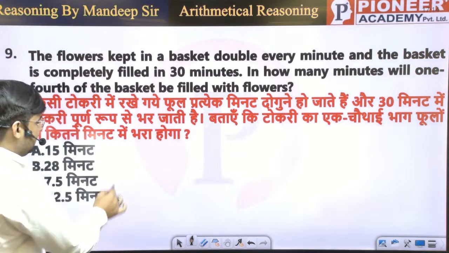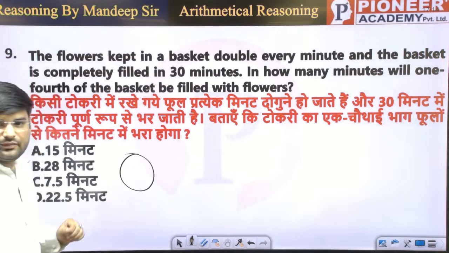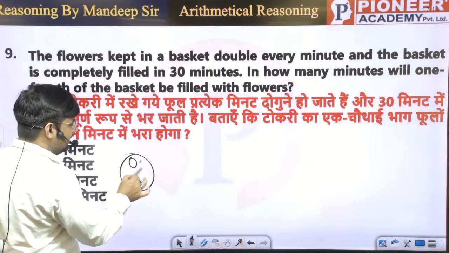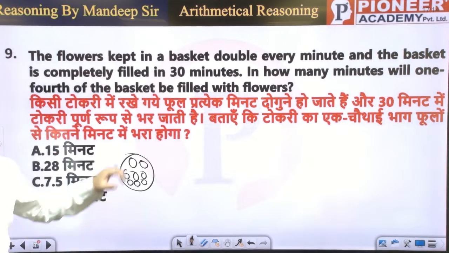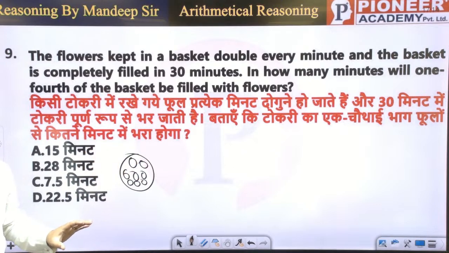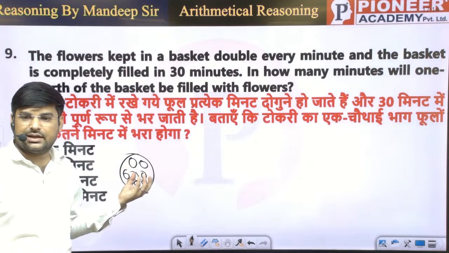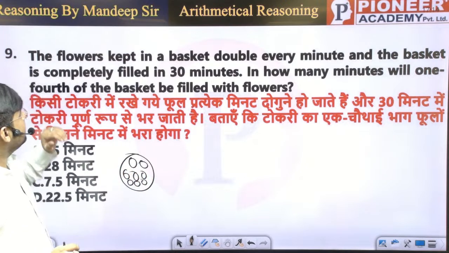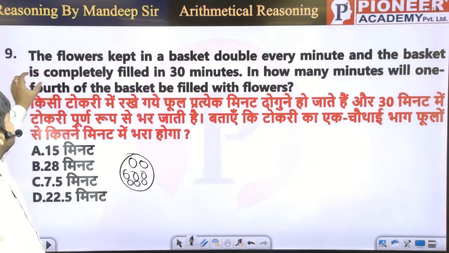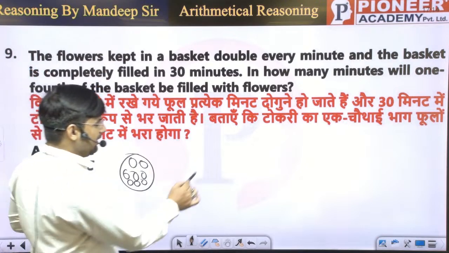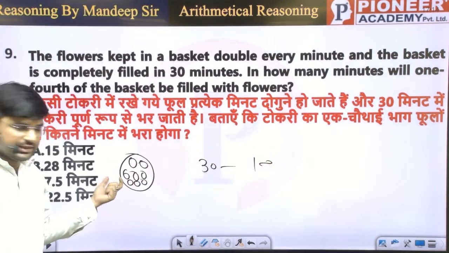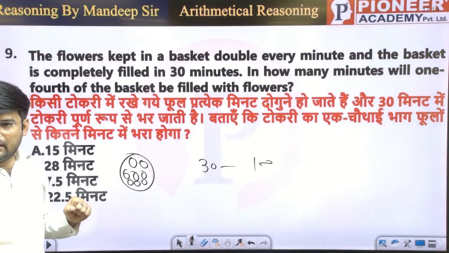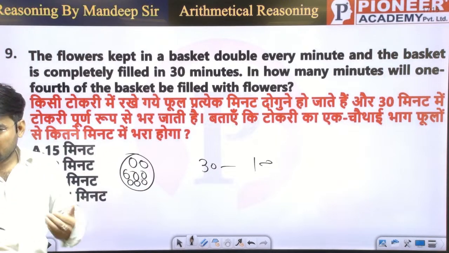Let's assume there is a bucket. If we put 100 flowers in the bucket, it becomes full. In the question, it is completely filled in 30 minutes. And in every minute, the flowers become double.